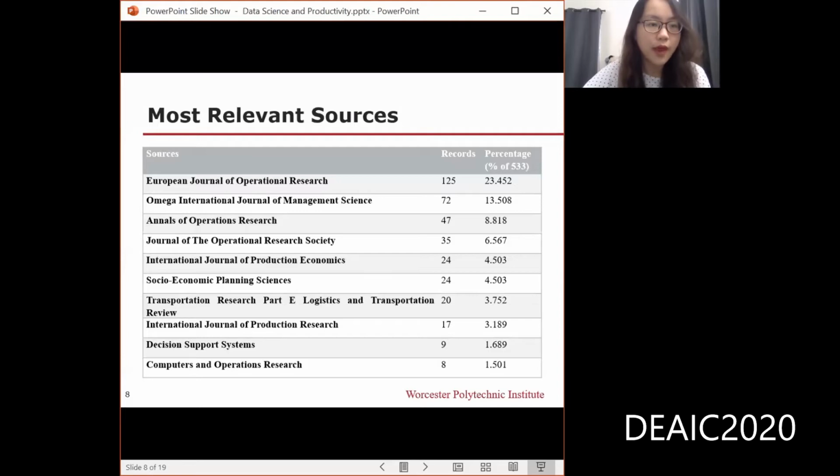Then we have Annals of Operations Research, which published 47, Journal of the Operational Research Society, International Journal of Production Economics, Socio-Economic Planning Sciences, Transportation Research Part E, International Journal of Production Research, Decision Support Systems, as well as Computers and Operations Research.